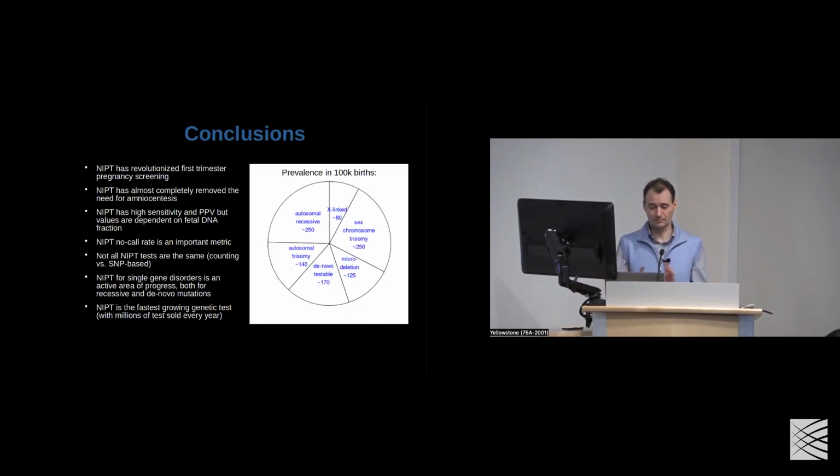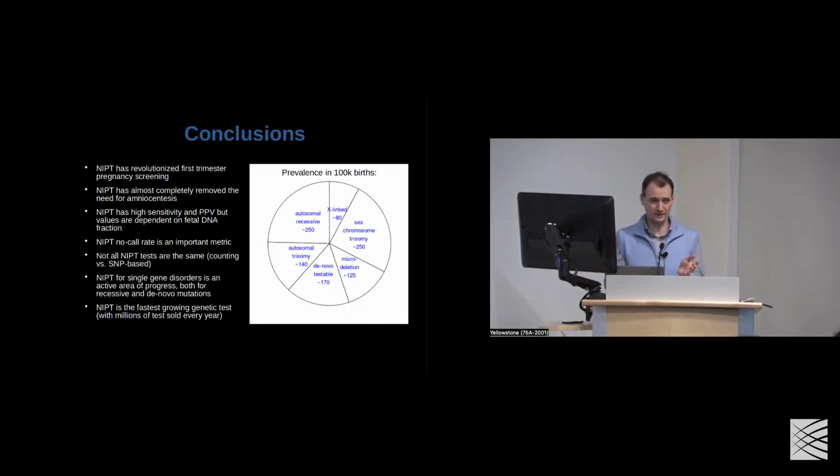So to conclude, I put here a pie chart of the prevalence, averaged by age, of the different things I talked about today. Things I want to make sure you take home as messages: NIPT, especially if you're young and you don't remember this, has completely revolutionized first trimester pregnancy screening. No more scares as it used to be.